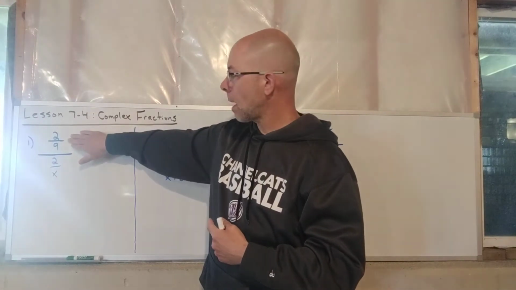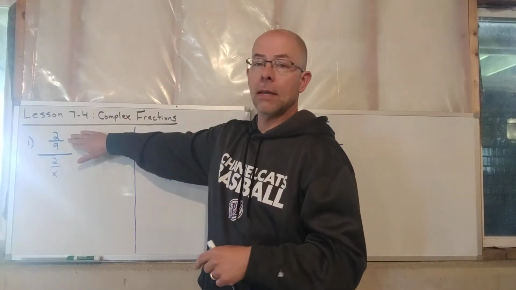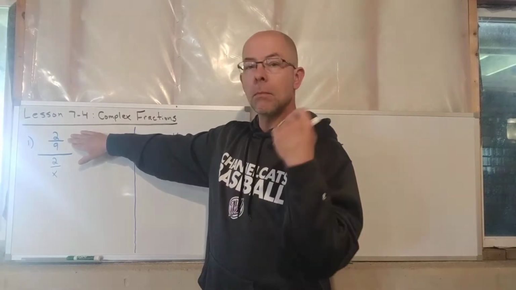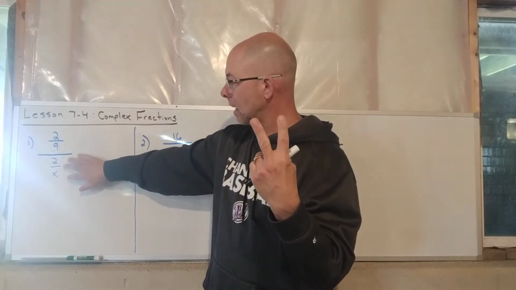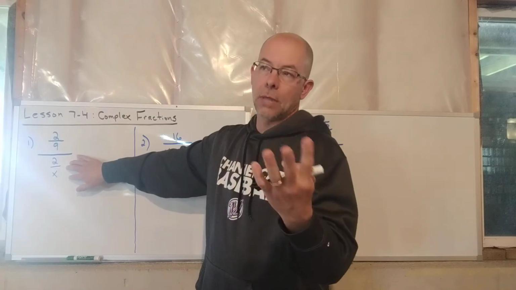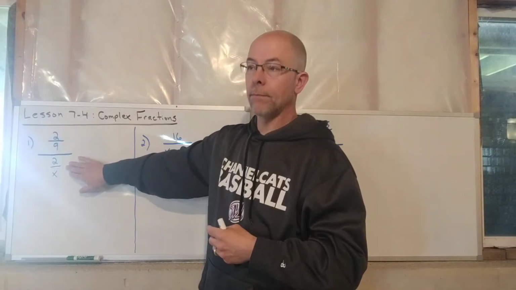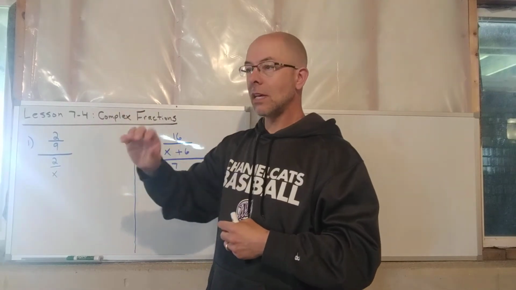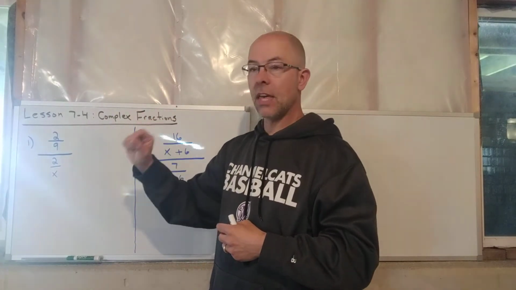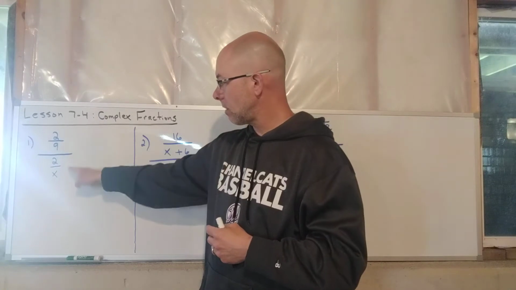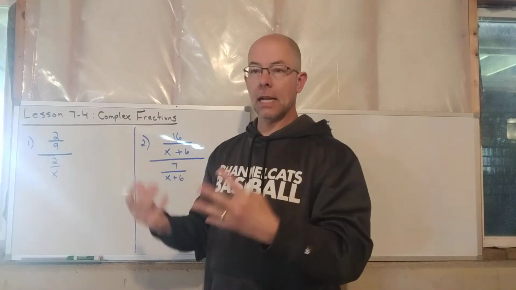Now this particular problem doesn't have anything to do. There's a 2/9 sitting there. Problem 2 will be if there's anything in this denominator, do that. Same thing, add, subtract, multiply. If there's anything to do, do it. Once those things are done, the final thing is divide these 2 fractions and get an answer.